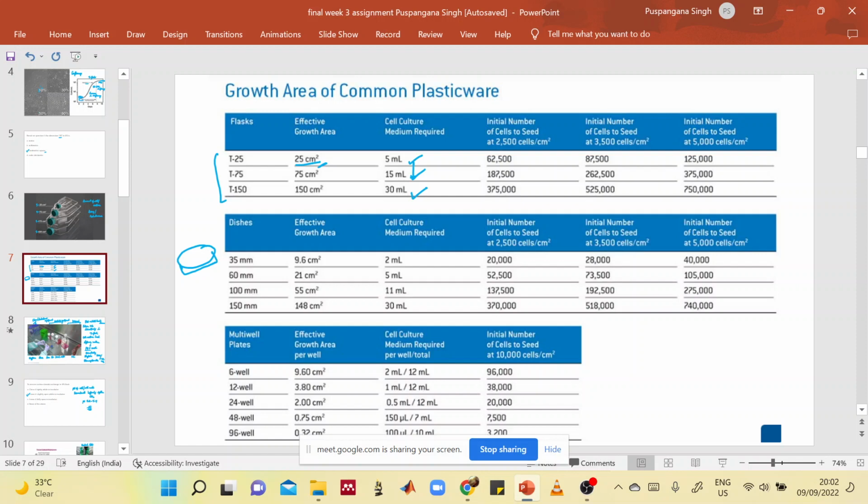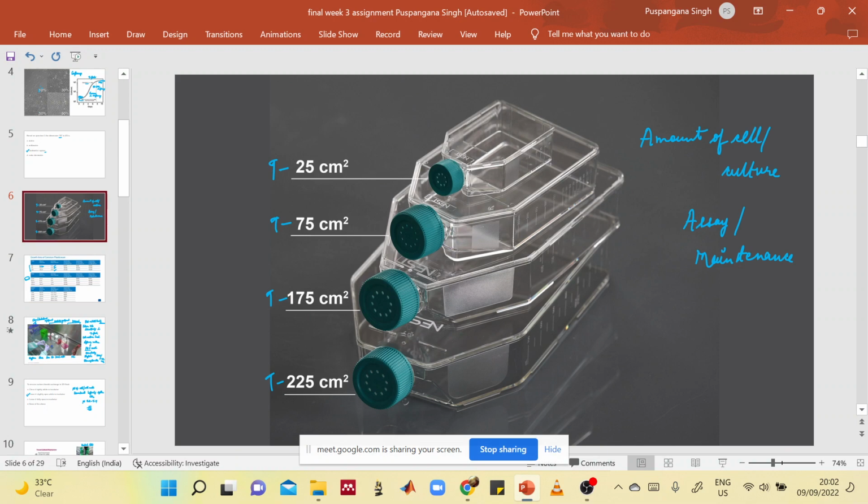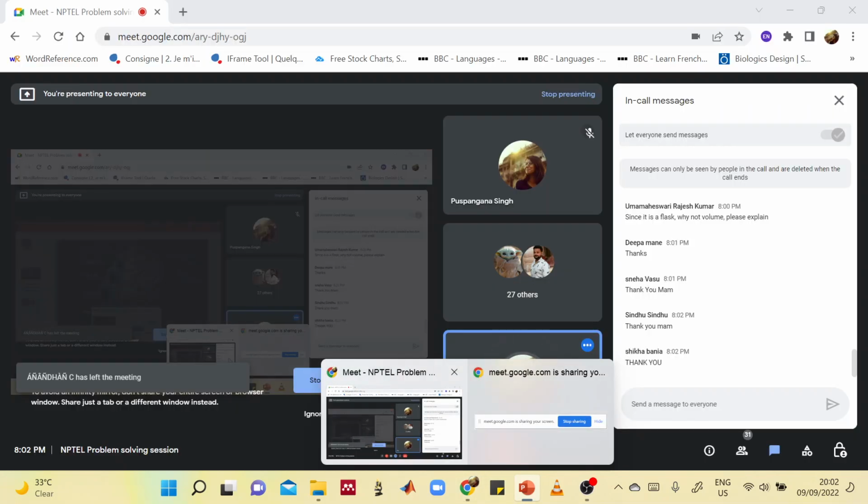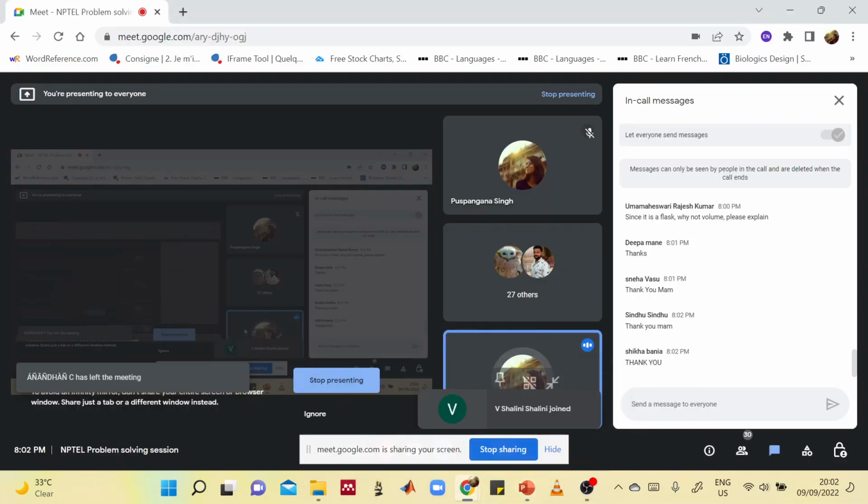To avoid that confusion, we use surface area, which is constant because it's just a flask. But volume is going to be different depending on your own experiment or assay. So for your personal communication, you can talk in terms of volume, but standard notation is not with volume.